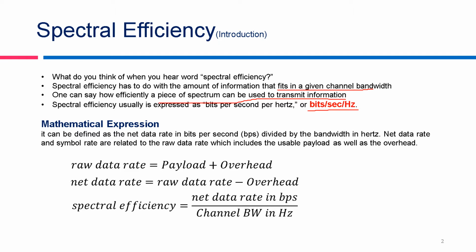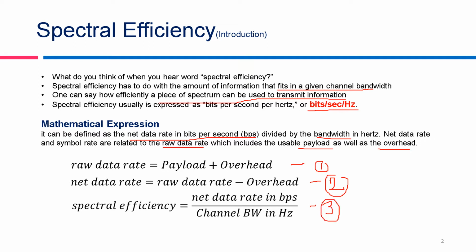So here we have noted a mathematical expression for spectral efficiency. Spectral efficiency can be defined as the net data rate in bits per second divided by bandwidth in hertz. The net data rate is related to the raw data rate, which includes the usable bits as well as the overhead. Using this mathematical expression, we can come up with three equations, which are listed here.